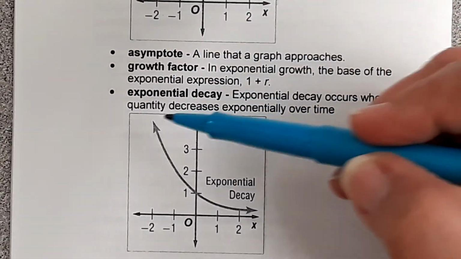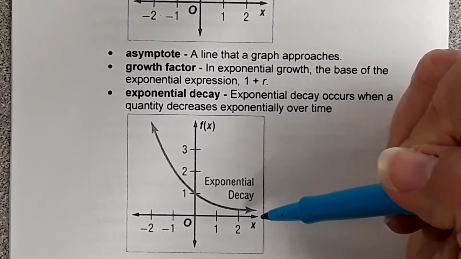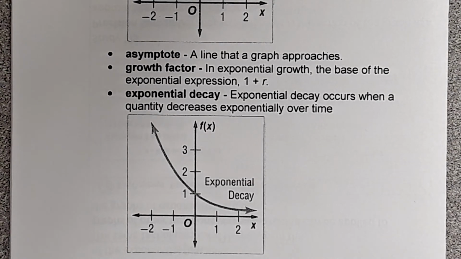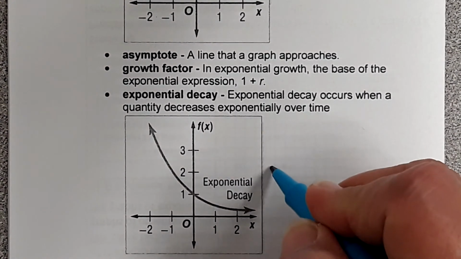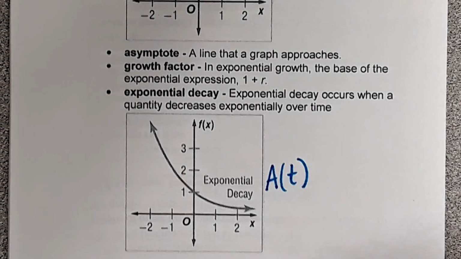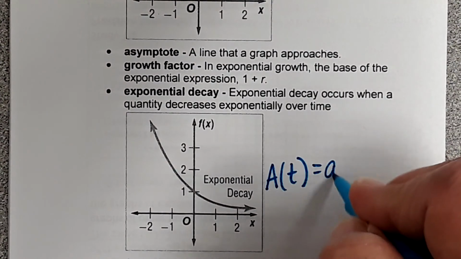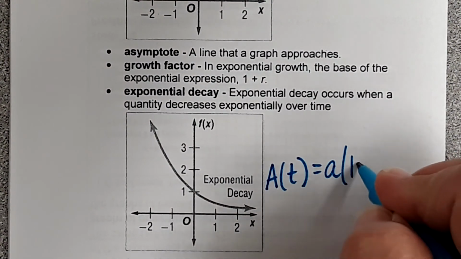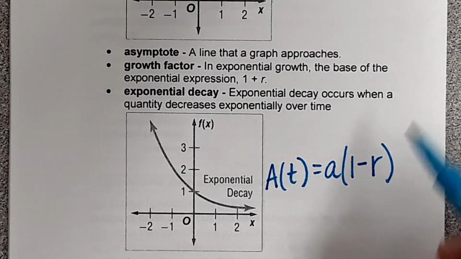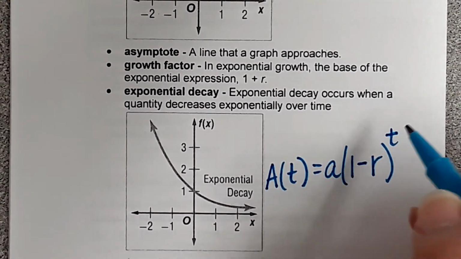And now look at exponential decay. See how it's going down, decay? Now, there's some that are flipped, and you'll be able to tell if it's growth or decay. Again, we have a decay model. A of t equals the initial amount times the decay factor. 1 minus r is the decay factor, and it's raised to the t.